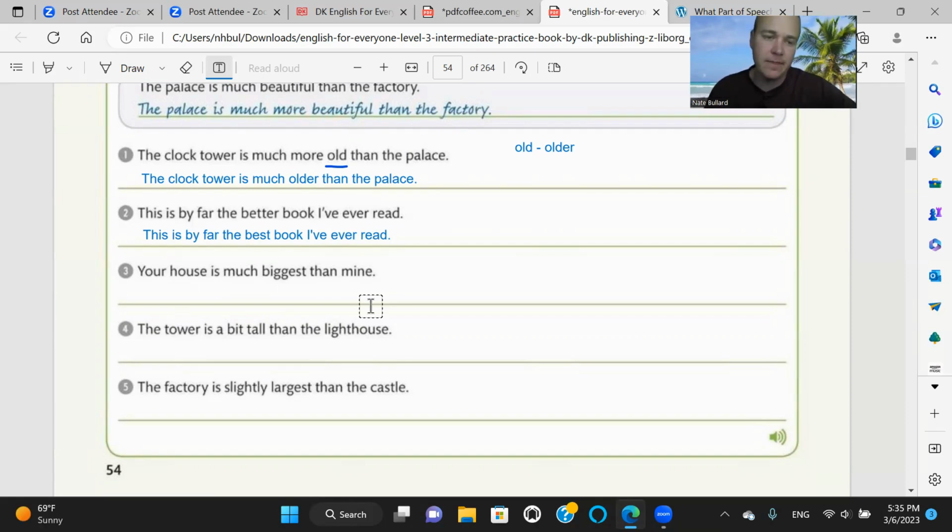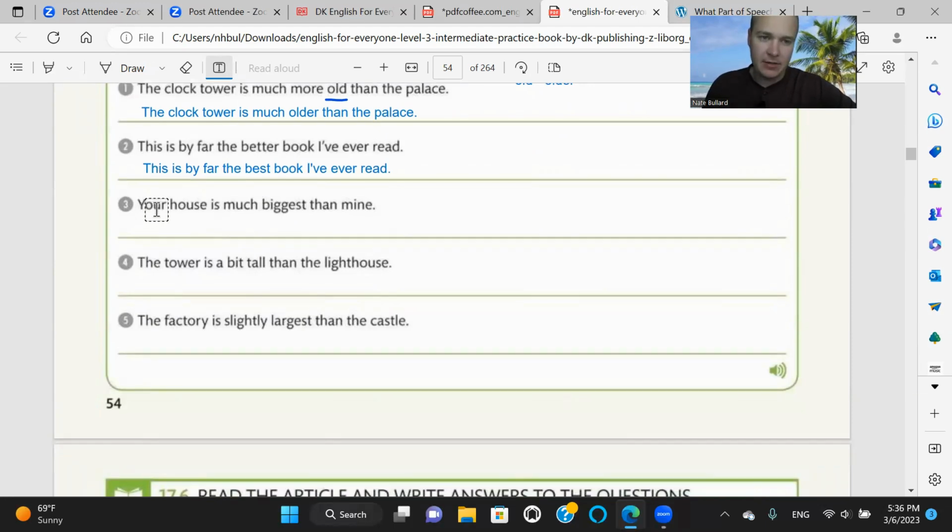El mejor libro. No se traduce en español, pero sí, the better book es que tiene que comparar este libro con otro. Pero si decimos the best, ese significa lo mejor de todos, en este caso todos los que he leído.